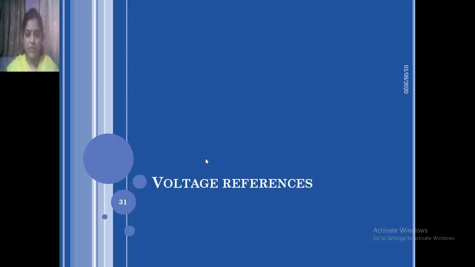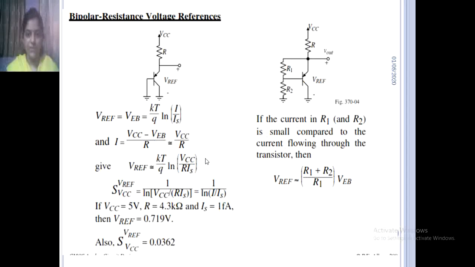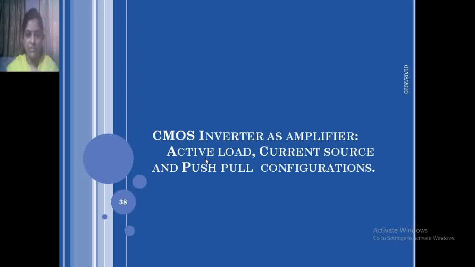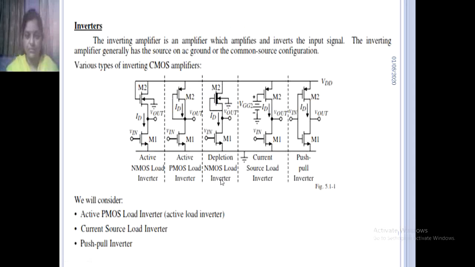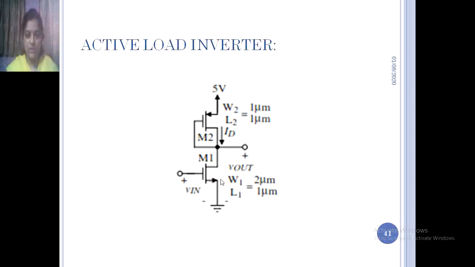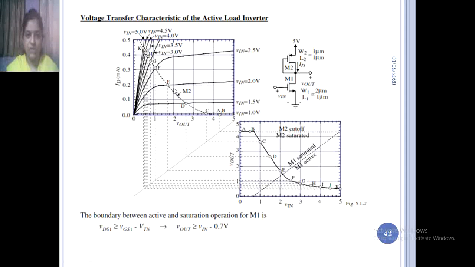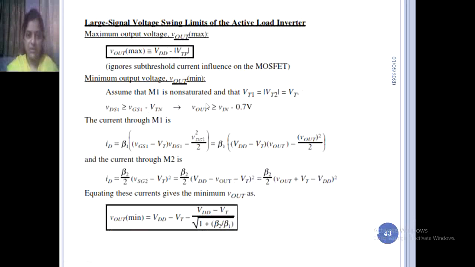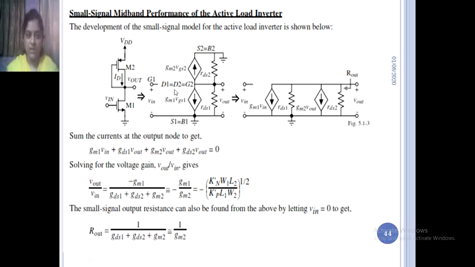This part we have already covered in previous sessions. So we are at CMOS inverter as amplifier. From that, active load and current source we have seen. Today we are going to focus on push-pull configuration. The active load inverter we have seen, its voltage transfer characteristics and equations, then the small signal midband performance of the active load inverter.